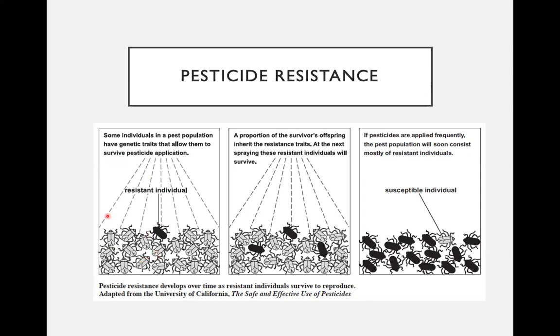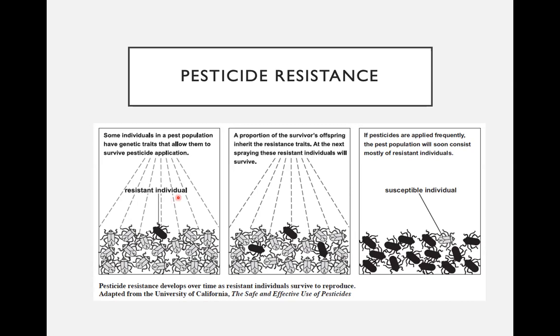In the first panel on the left, say you apply a selective pesticide at a high concentration, and you're applying it very frequently to control, these look like stink bugs of some kind. Whenever we consider a large group of insects, based on their genetics, their inherent variability, and just by chance, there's going to be likely at least one, maybe more individuals that are resistant to that selective pesticide.